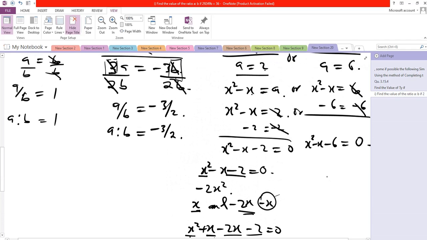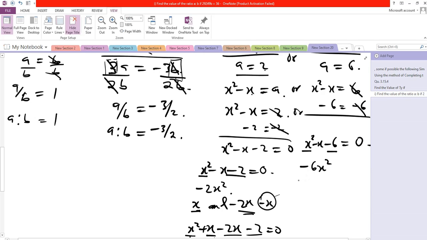Now let's go to this one. What we're going to do, we multiply the first term and the last term. If you multiply these two, you have minus 6x squared. Now what are the two factors of minus 6x squared that, when you sum them up, will give you minus x?